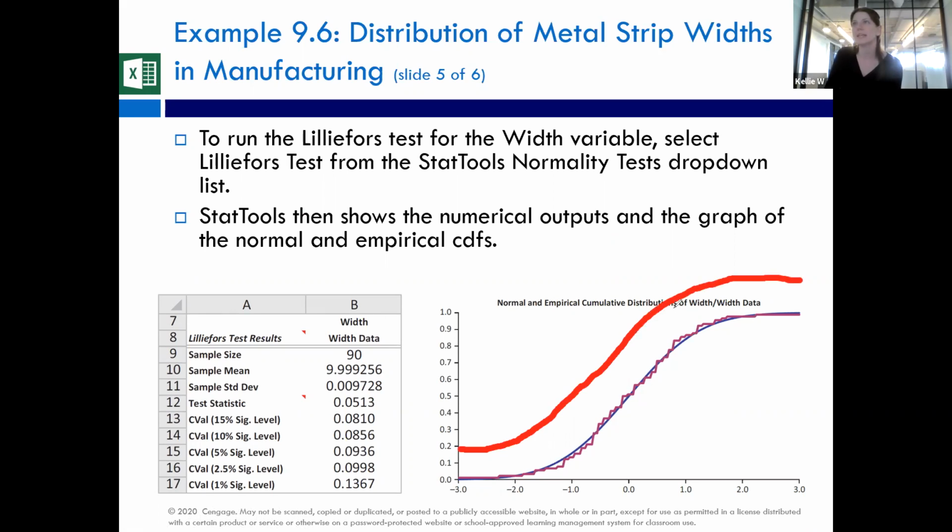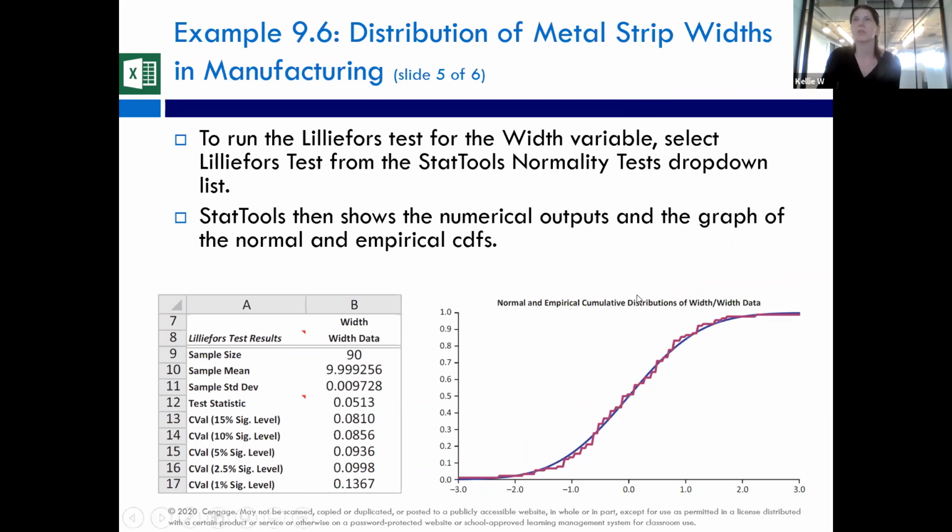And this gap right here between the two, that's the vertical distance that we're looking for that would say, oh, actually your data is not normal. But in this case, it is. So that's a more powerful way of testing for normality.